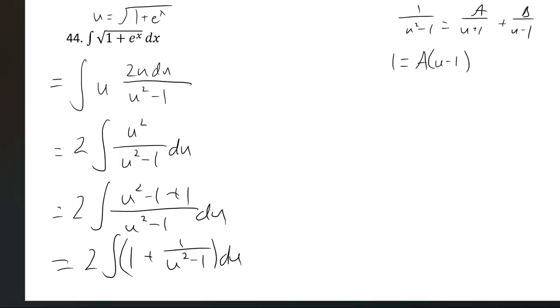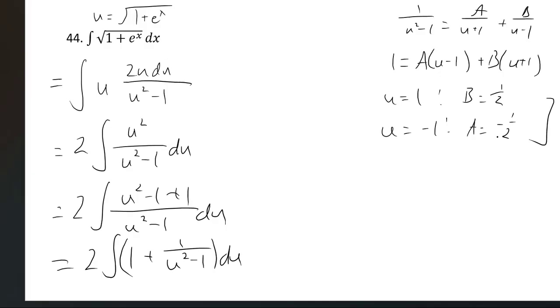A times u minus 1 plus B times u plus 1. So if we let u be 1, then we get B would be half. If we let u be negative 1, we get A is negative half. As I was saying, they should be kind of symmetrical, maybe different by a sign. Okay? So there's that.